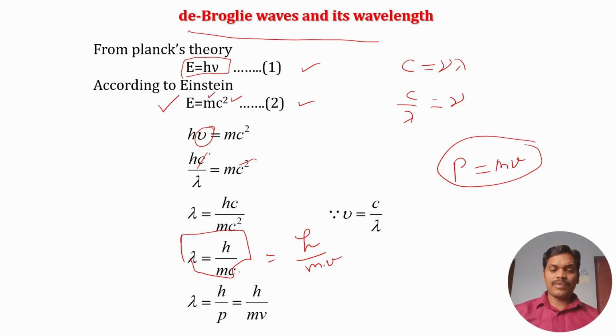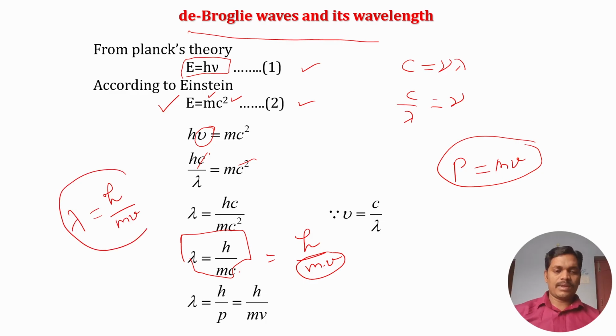Instead of mv, we can substitute p, since it is momentum. So lambda equal to h by mv, or lambda equal to h by p. This is a very important equation, and based on this we can have some more derivations. This is the final equation for the de Broglie wave.